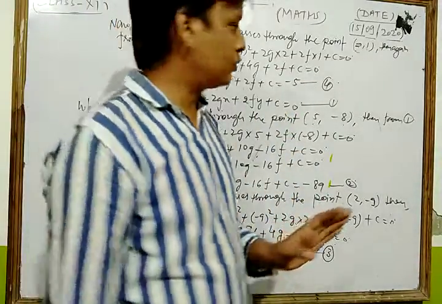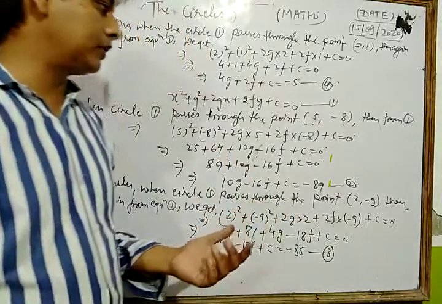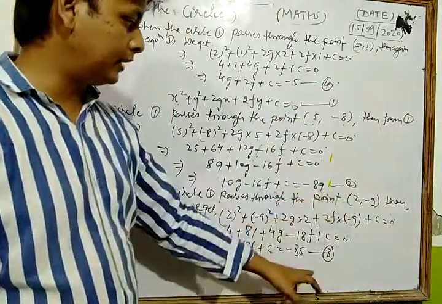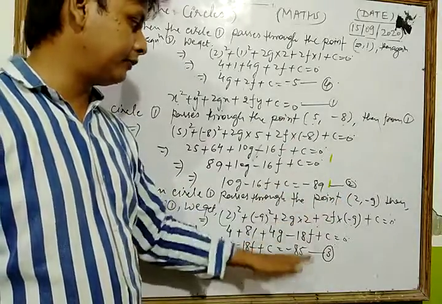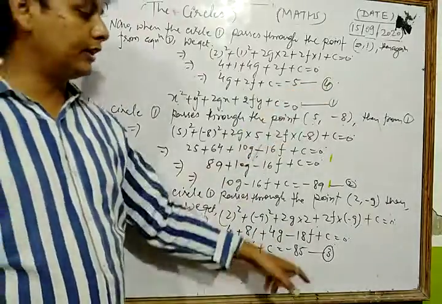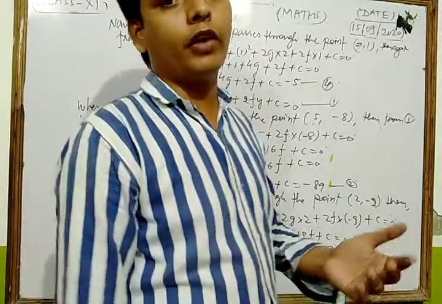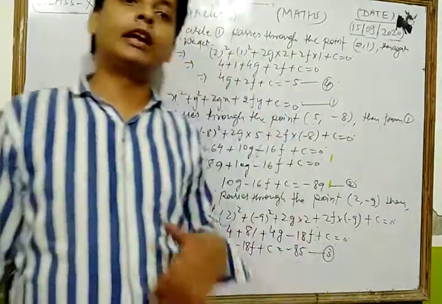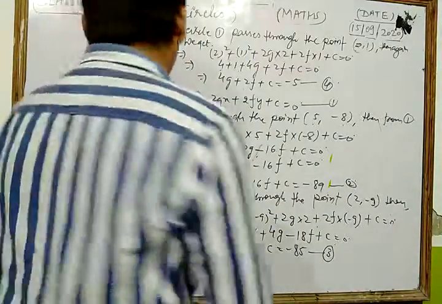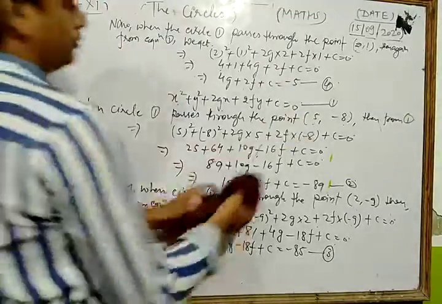Now dear student, the next step is that we take equations 2 and 3 and subtract them, and we get a relation between g and f. Similarly, we then take equations 4 and 3, and in this way we also find a relation between g and f, and by solving those equations we find the values of g and f. Now let's see, dear students, this is a very important topic.